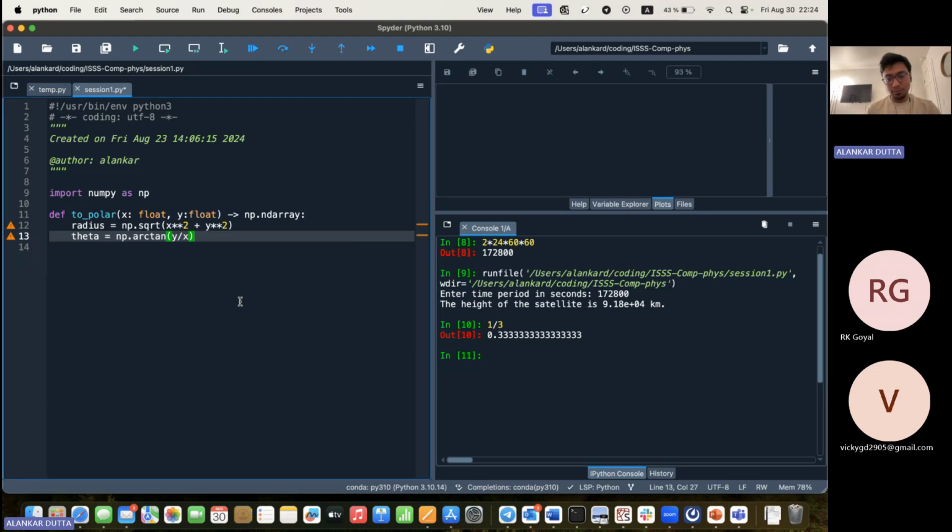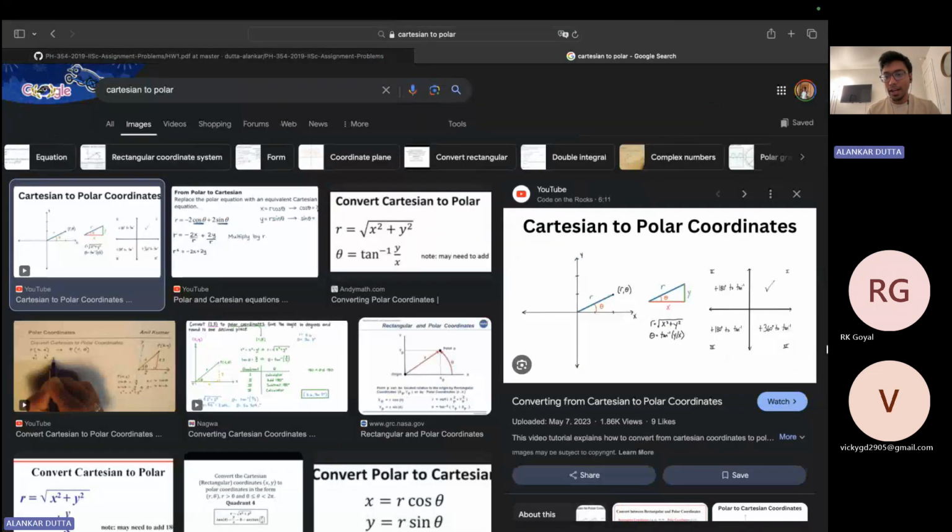Now the problem with tan inverse of y by x is that it will give you either something positive or something negative. Depending on the signs of x and y, you are going to have something which is not in the first quadrant but in the other quadrants as well.